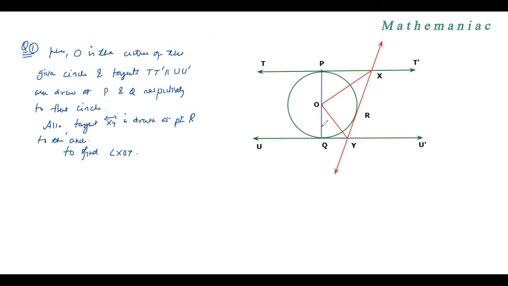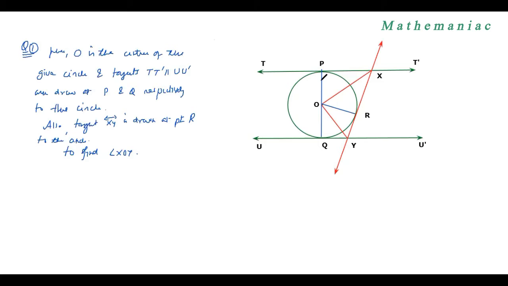Ultimately, they will be forming a diameter. Okay. Now, how will we proceed? One more line is to be joined that was left out. OR is to be joined. So this, if you want to mention, you can mention in the construction step. I am not going to mention this.